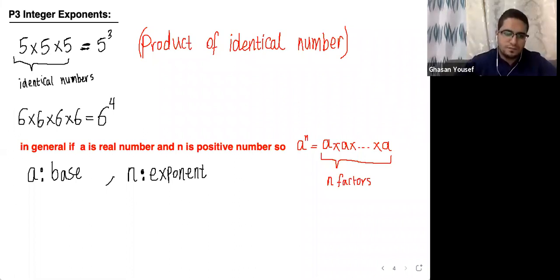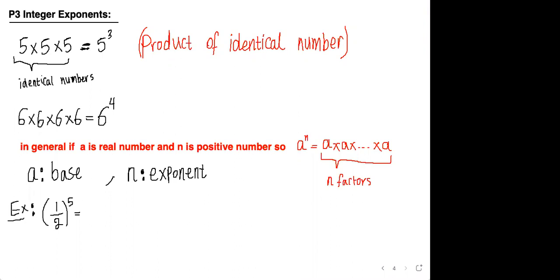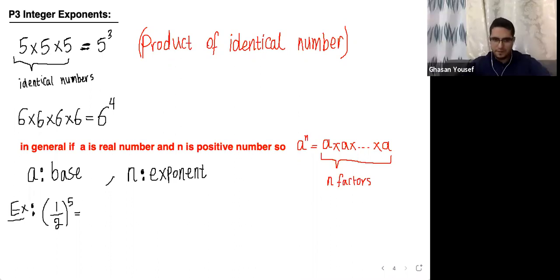So for example, here is an example: 1/2 to the power 5. What is that equal? Who will do it? It's going to be 1/2 times 1/2 times 1/2, five times.